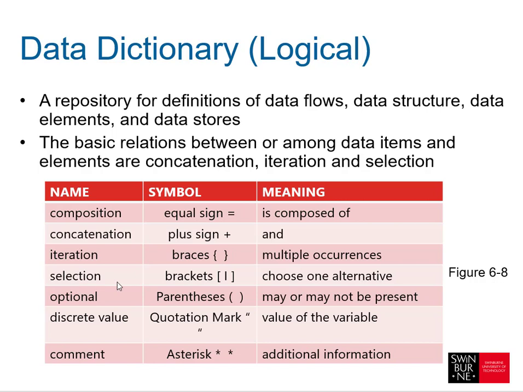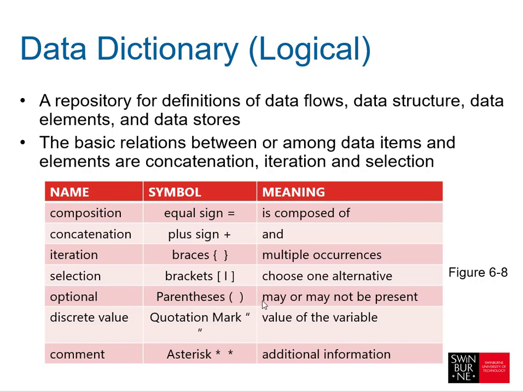And then sometimes we can use the brackets with this hyphen to show the selection, a selection of an alternative. Sometimes we can give a customer the choice of yes or no, right? Or some other logical selection. So we can use these brackets and this hyphen to show that. We also use parentheses for optional items.